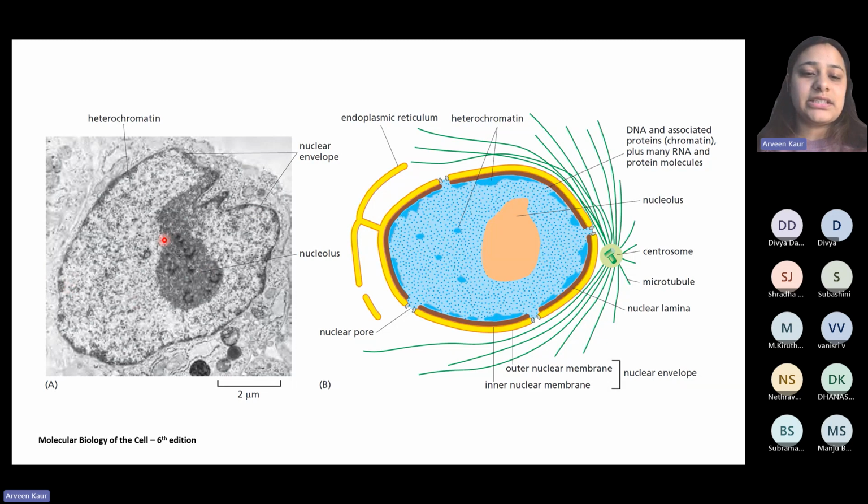And in this nucleus, you can see a very, very dense dark colored region. Now, this dense dark colored region is nucleolus. It is a nuclear body within the nuclear body, and this is where some rRNA synthesis and some other processes take place.